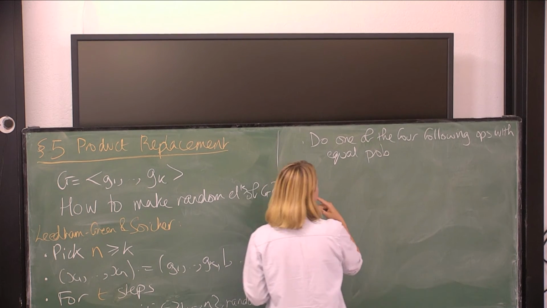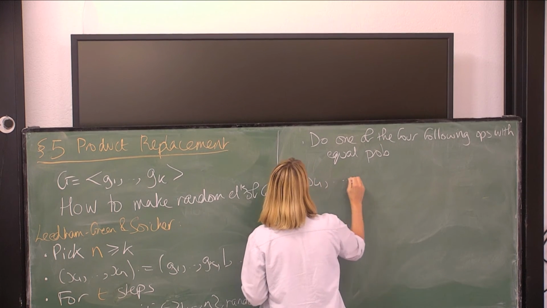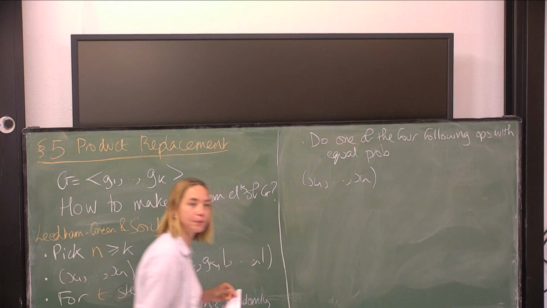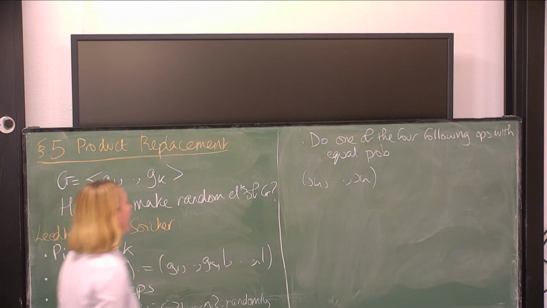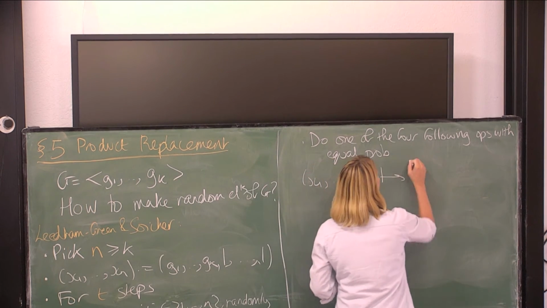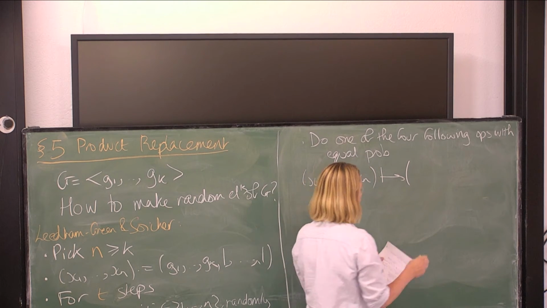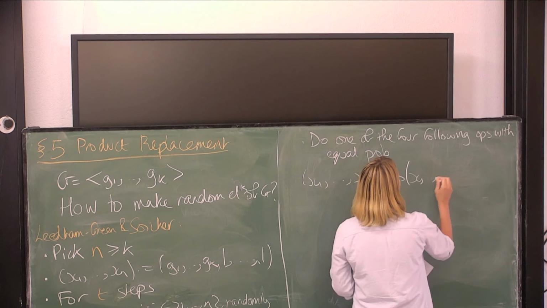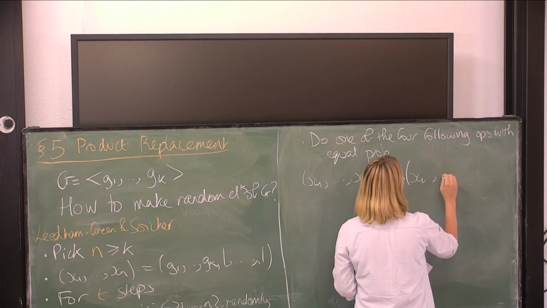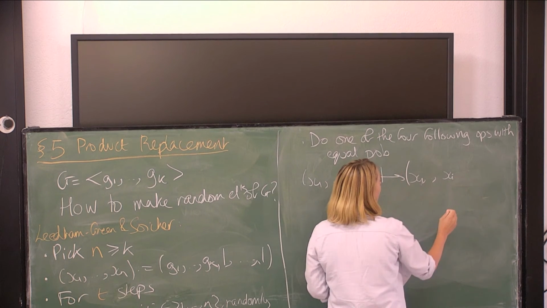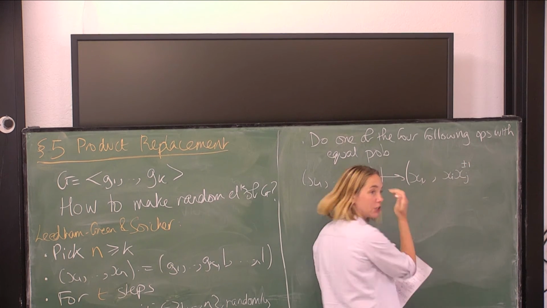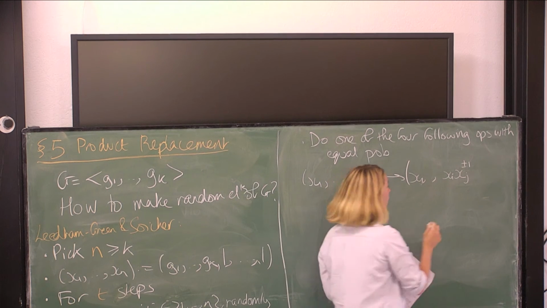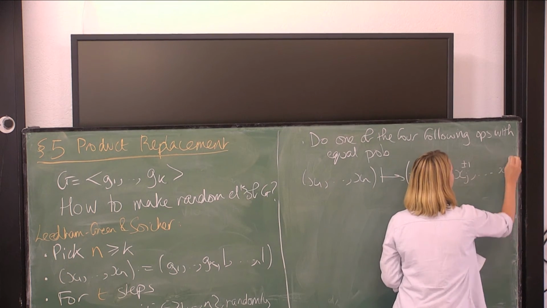So what am I going to do? I've picked i and j, and I've got some n-tuple, x1 up to xn, and 4 things I'm allowed to do. I'm going to write them 2 at a time. I can map it to x1, leave all of these alone, up to xi, and now post-multiply xi by xj to the plus or minus 1, and then leave all the rest of them alone.